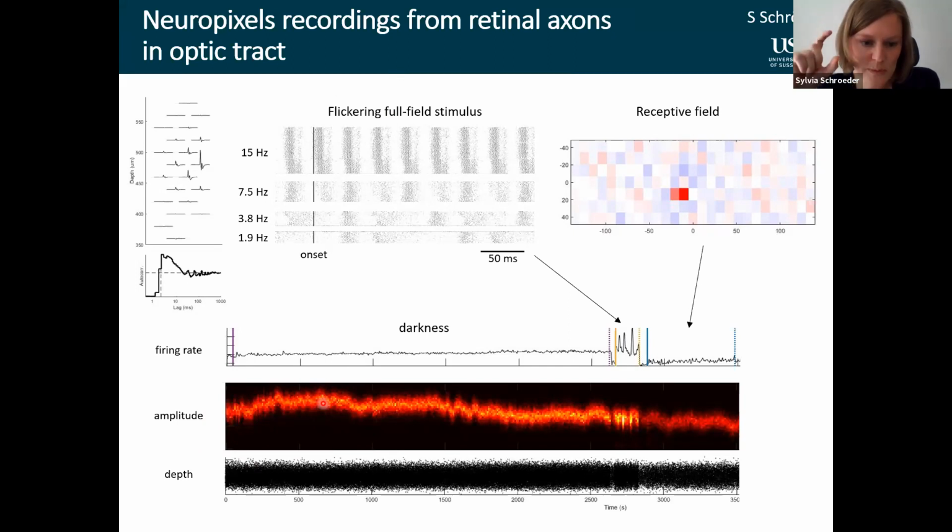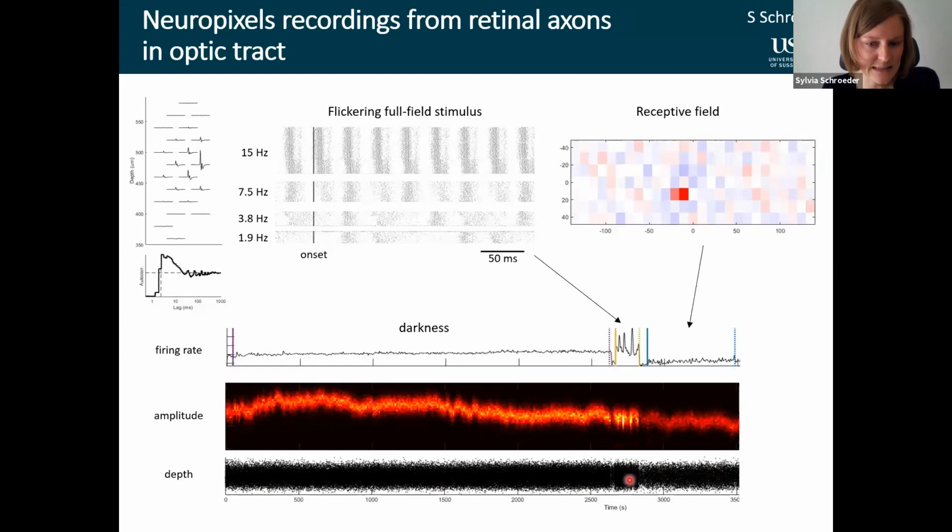So there is probably some tiny movement of the probe relative to the single unit, which makes this amplitude change. But luckily, KiloSort is able to figure this out and still track the same unit over a very, very long time. And here's another plot of the depth of the spike over time.